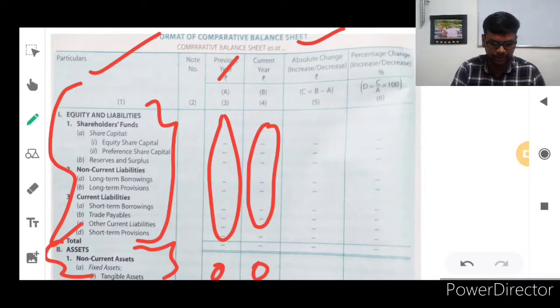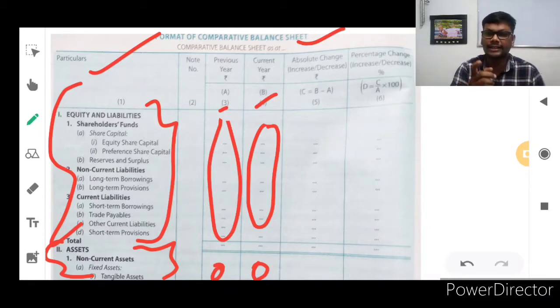And we are going to compare A with B. So previous year denotes A and current year denotes B. Current year denotes B, previous year A. So we need to identify the changes, the increase or decrease in the amount. How many rupees increased compared with the previous year will be entered in column C. So C is equal to B minus A.